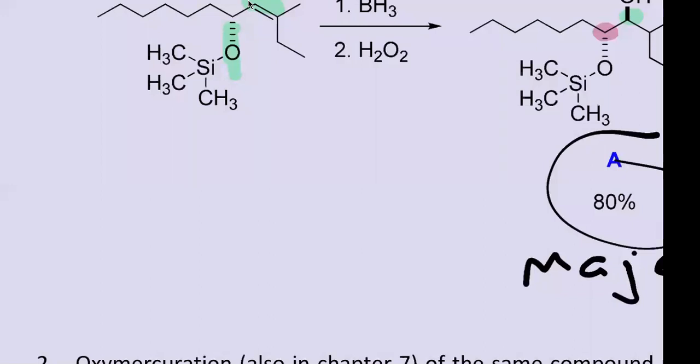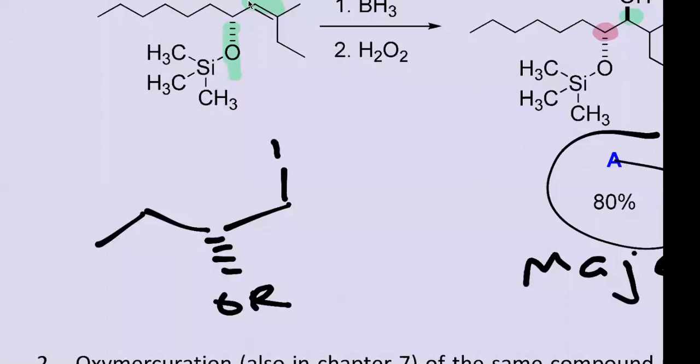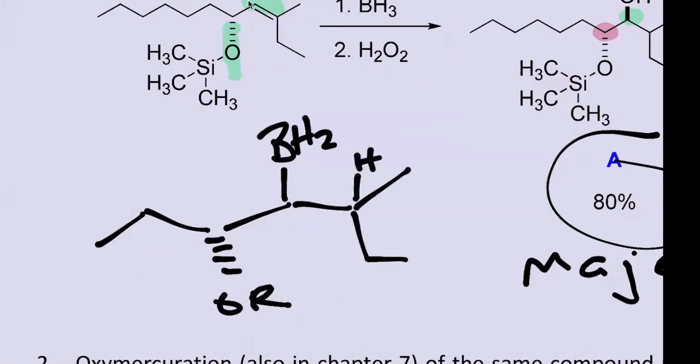Let me just draw. I'm only going to draw a part of it because we're running out of time. I'm just going to put OR here. The intermediate is going to look something like this, where the boron adds to one side and the H adds to the other side.